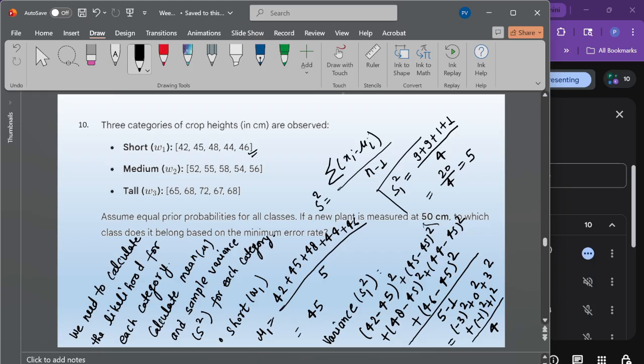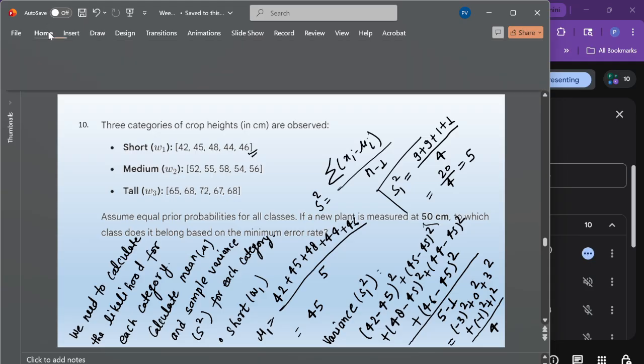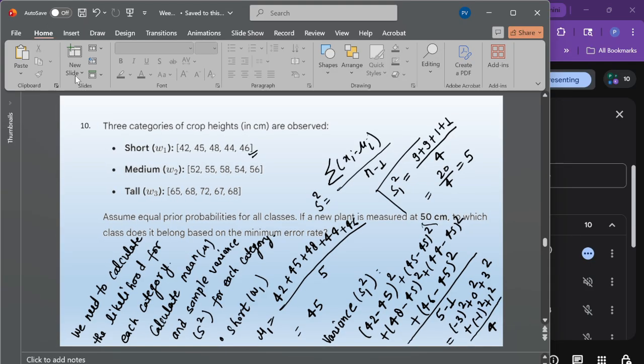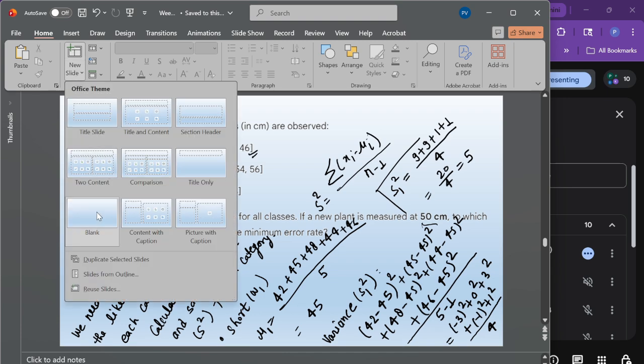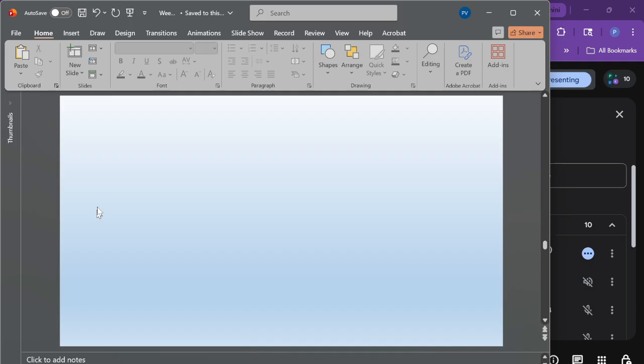We have got that. Similarly, we need to calculate for the medium size and tall size as well. So we can take one more slide. For the medium, or class 2, we need to calculate mu2.